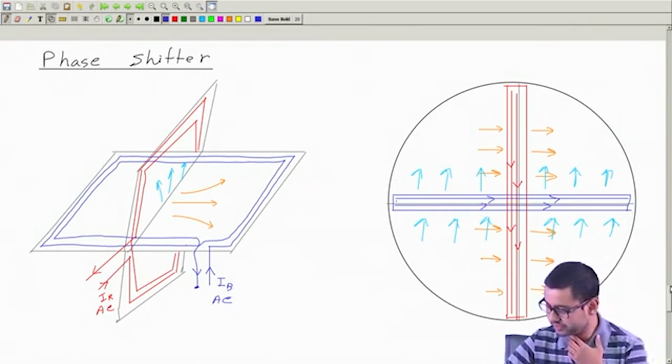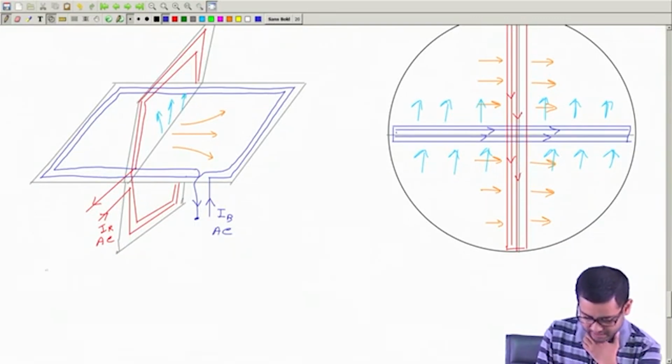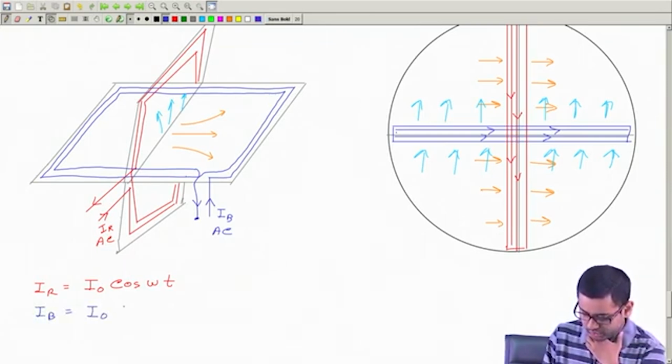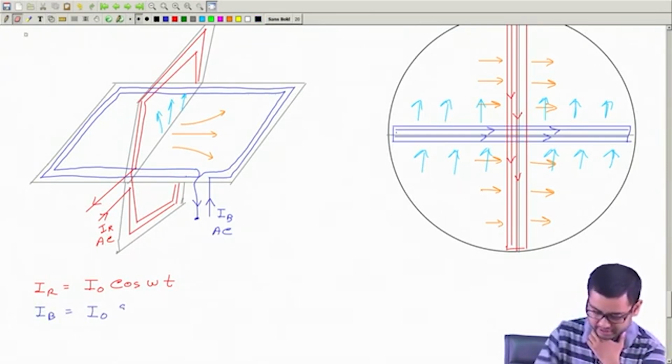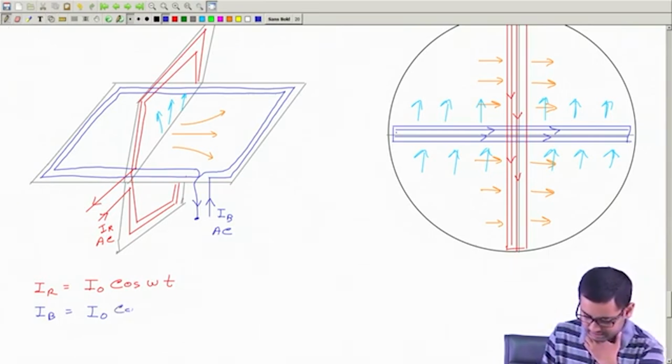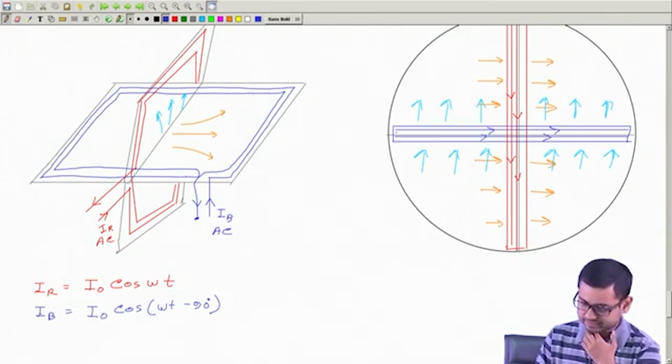Let me write that IR is equal to say some I0 cos omega t, and IB is equal to I0 cos(omega t minus 90 degree). Okay, so these are the two currents. They are 90 degree out of phase.